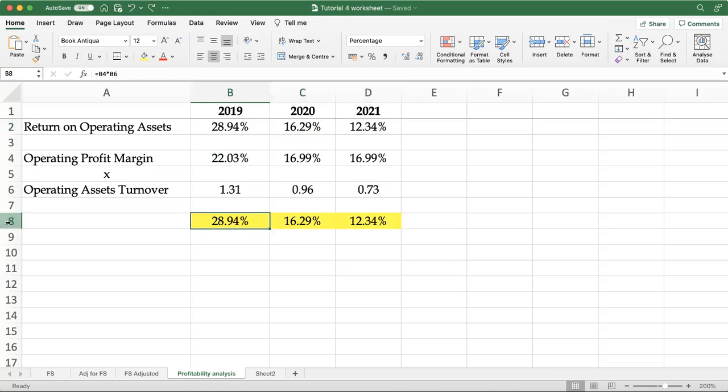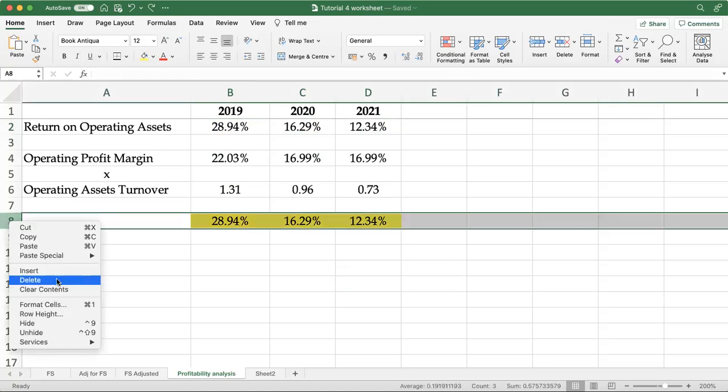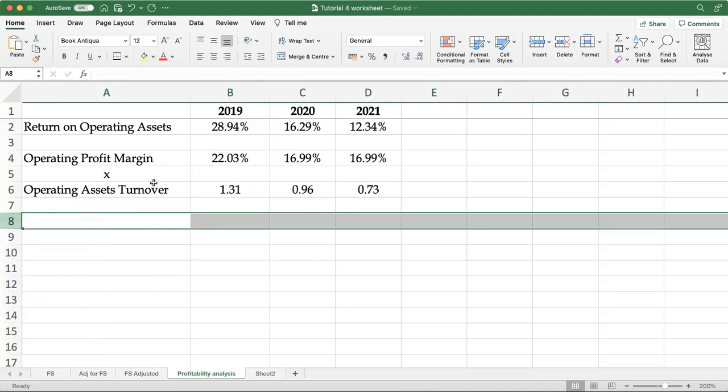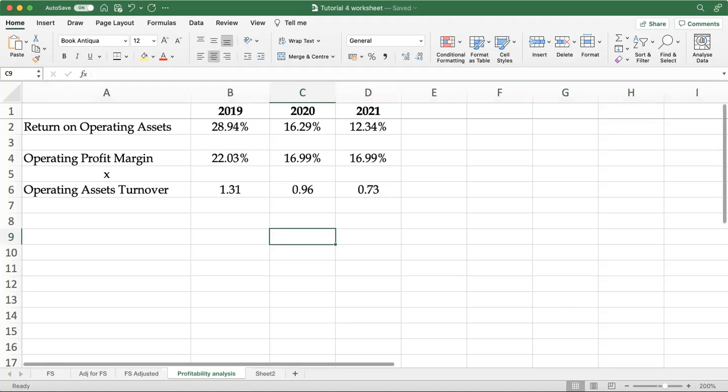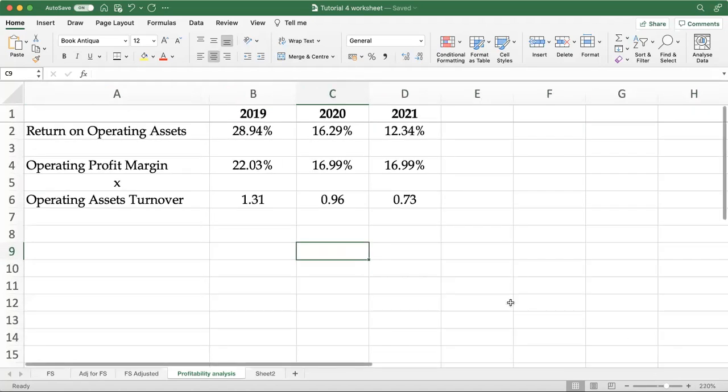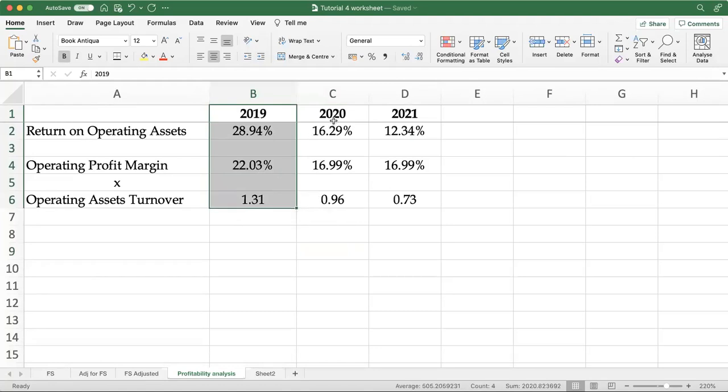Now you see the changes in operating profit margin and changes in operating assets turnover. Now we'll see the changes from 2019 to 20, these two years.